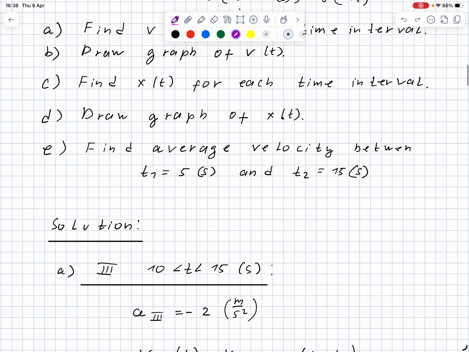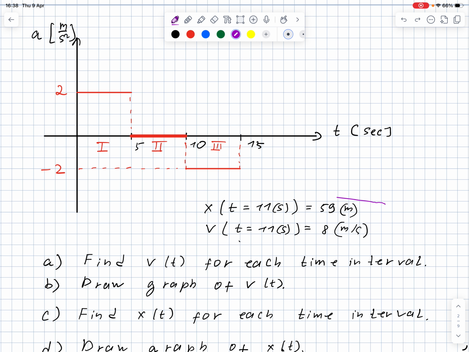As you can see, I will start from the final interval because we know only the position of this object when time equals 11 seconds, and the velocity at this time is given as 8 meters per second.